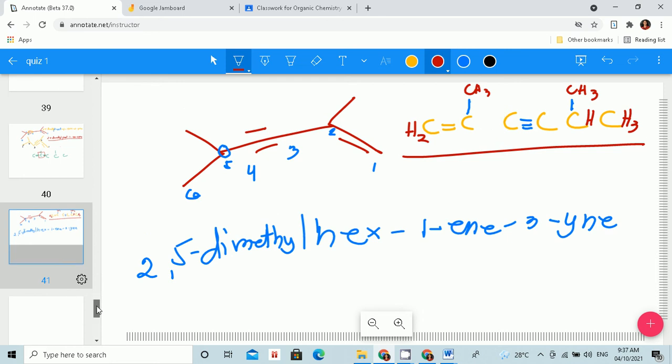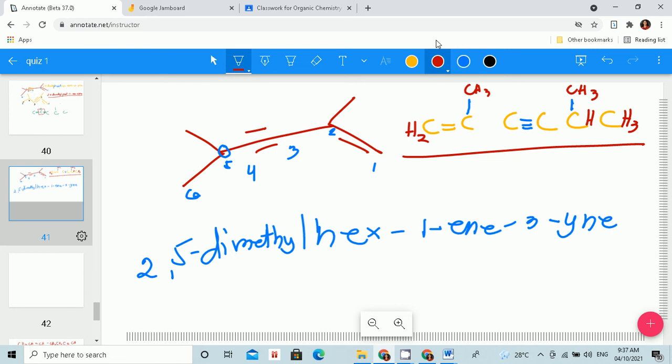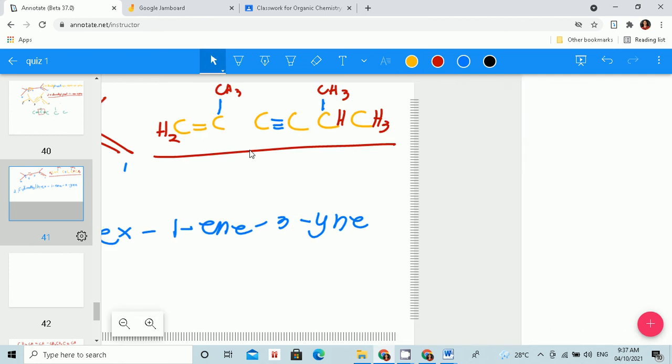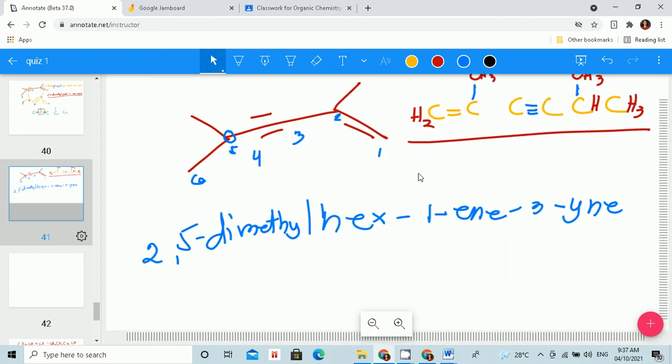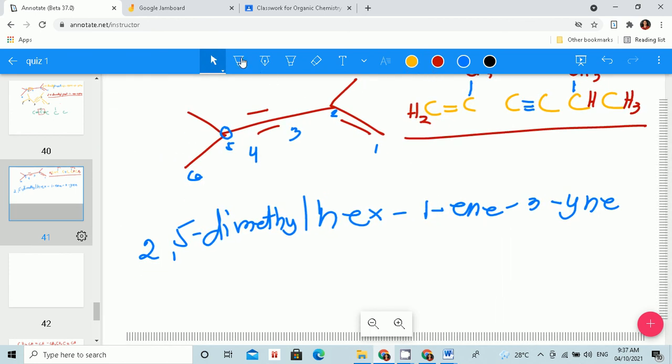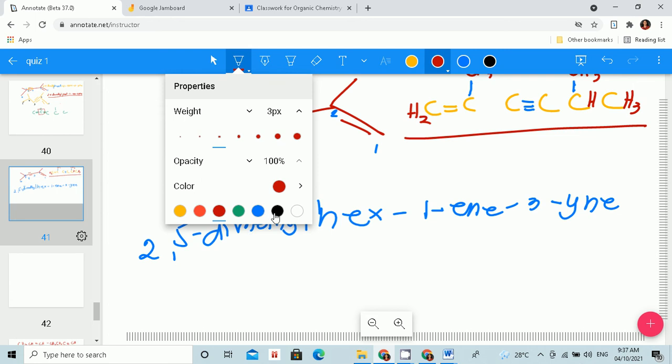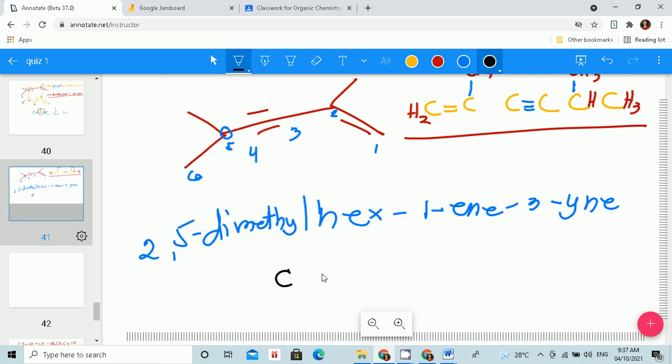Okay, then what if we write the complete structure? For our complete structure, just follow along a little. Okay, so we will have this one. We have 1, 2, 3, 4, 5, 6.